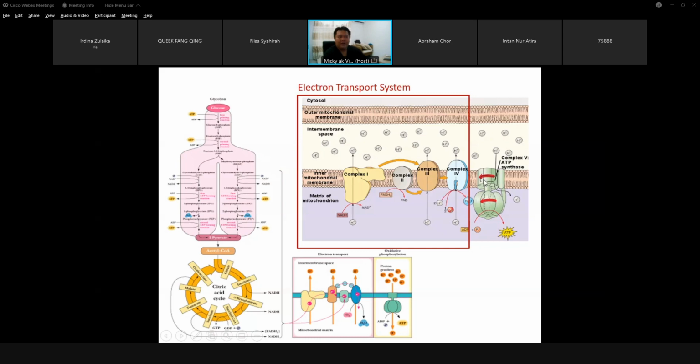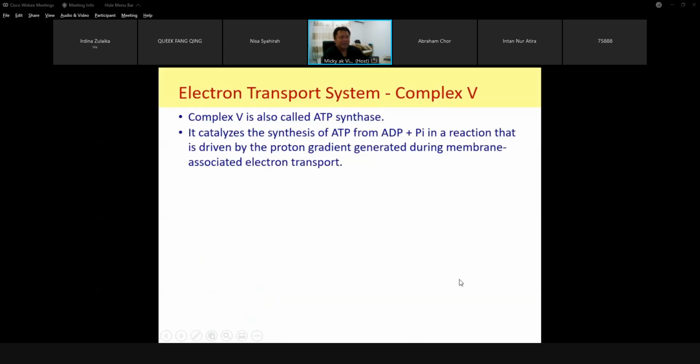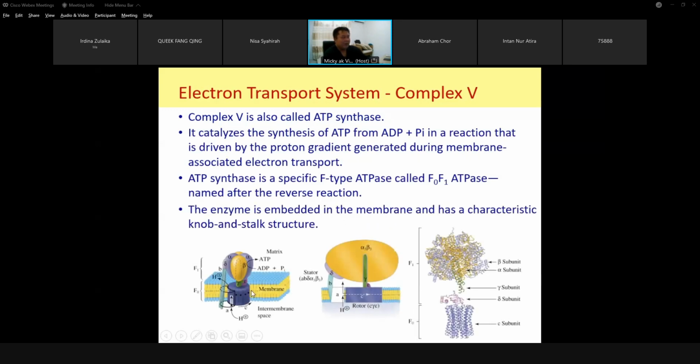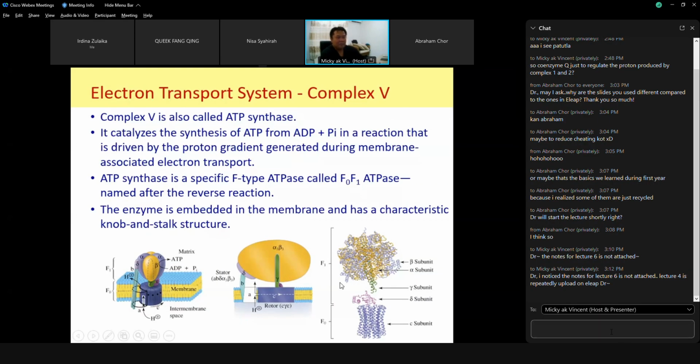But when you really look at it, the structure is actually very, very complex. It is not just the knob, and it is not just the stalk. When you look at the ATP synthase, basically, it is divided into two.